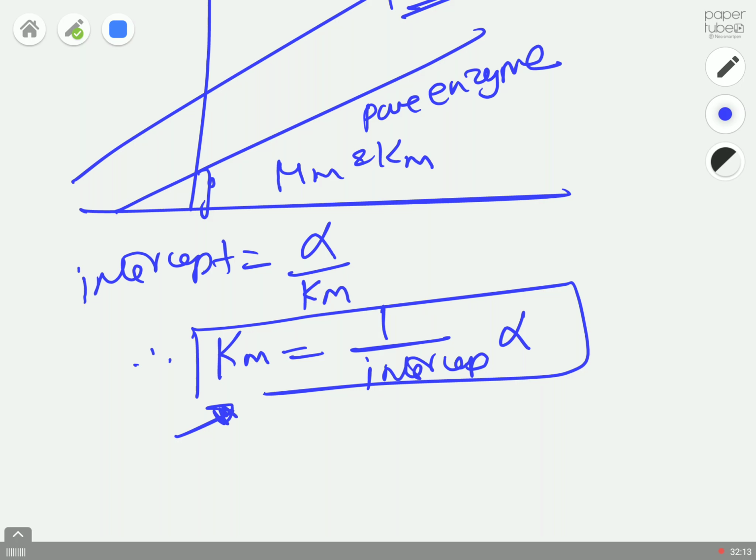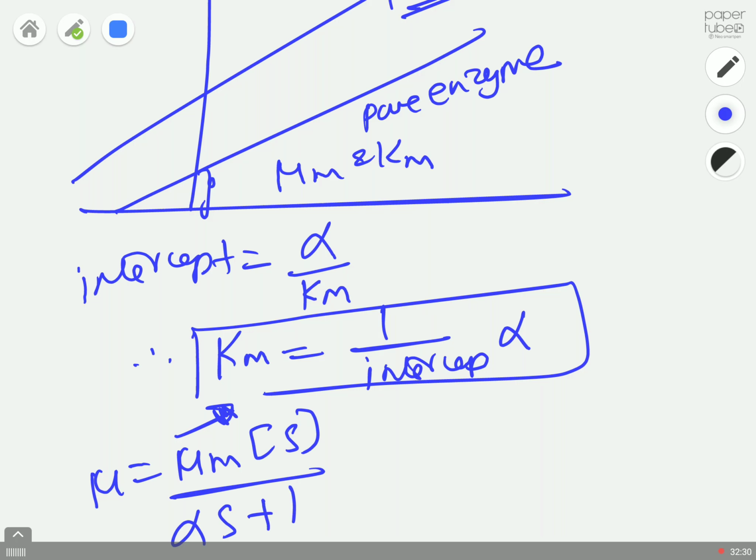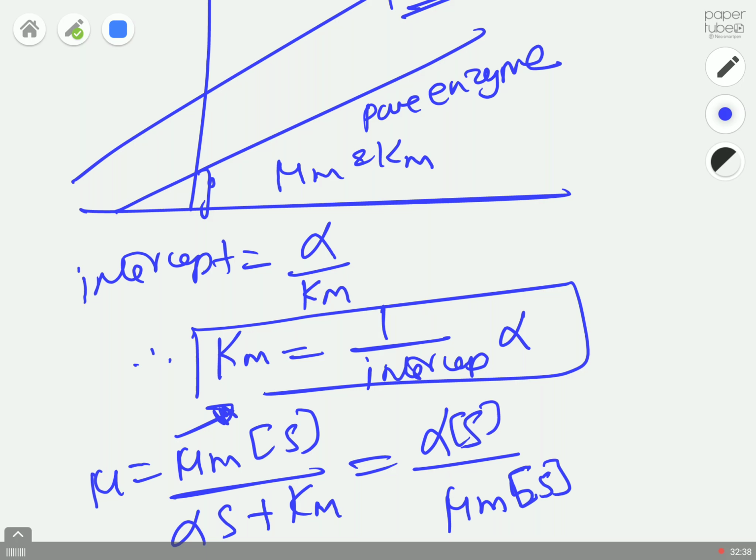Alpha S over Ks. Let me linearize this expression one time. If you are dealing with an uncompetitive inhibitor, mu is equal to mu m multiplied by S over alpha S plus Km. So alpha S by mu m multiplied by S plus Km. So S gets cancelled, Km by mu m, yes.